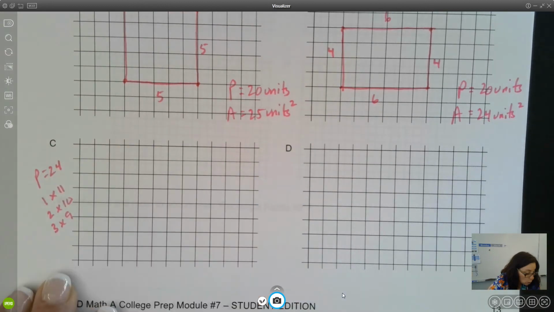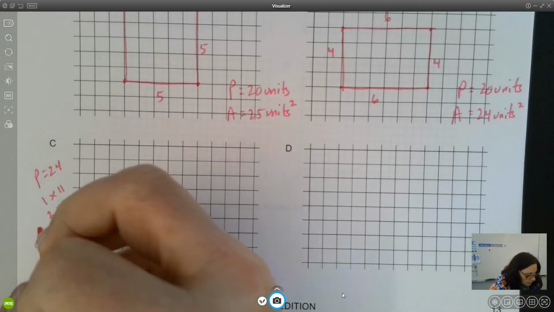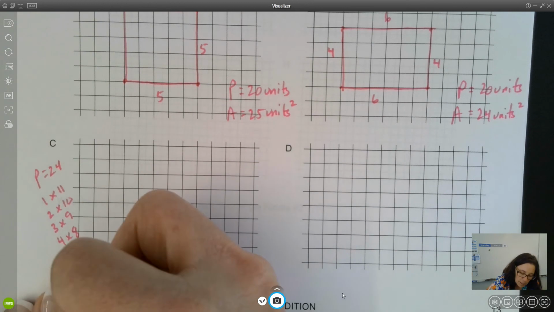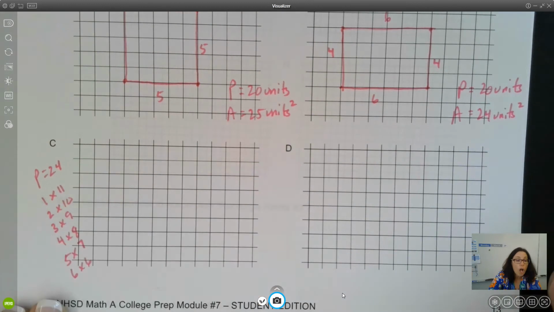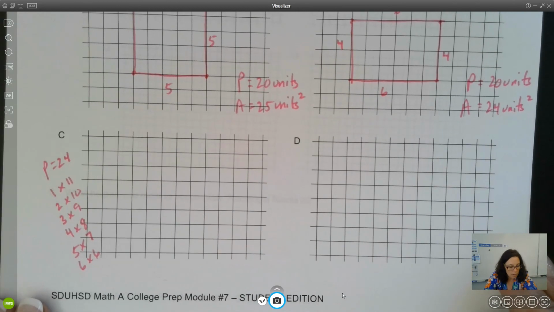Think about those perimeters, don't multiply them. 4 by 8, 5 by 7, or 6 by 6.